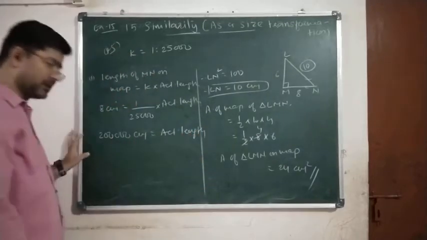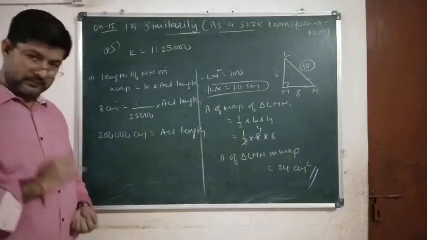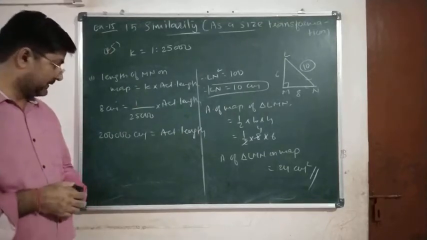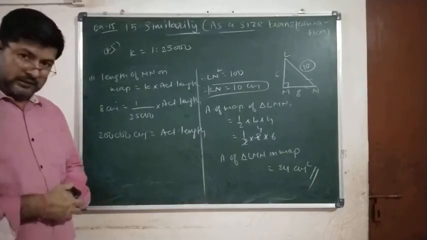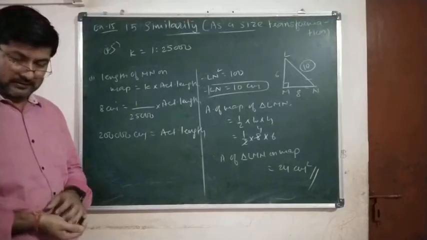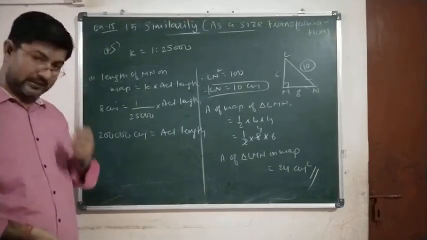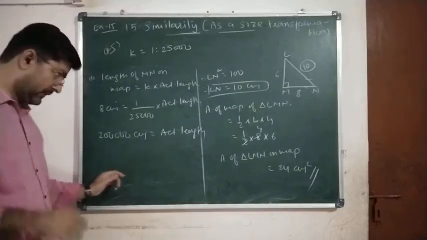Now what is the relation between kilometer and centimeter? In 1 kilometer there are 1 lakh centimeters, because in 1 kilometer there are 1000 meters, and in 1 meter there are 100 centimeters, so 1000 into 100, 1 lakh. So we will divide this by 1 lakh.